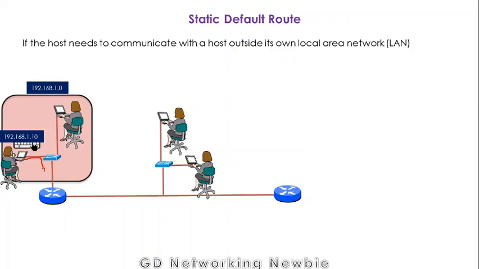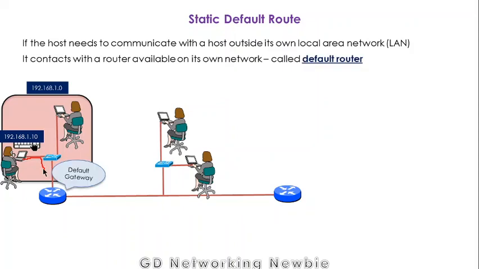In this case, it contacts a router available on its own network. On its own network means there will be one interface which will be in this same subnet, and that packet will be handed over to this router. And this router is known as the default router.